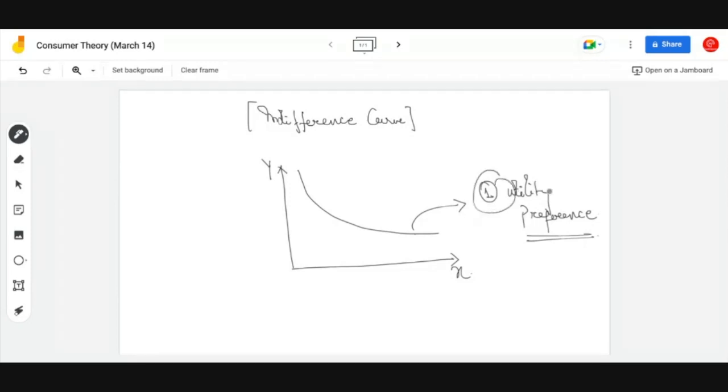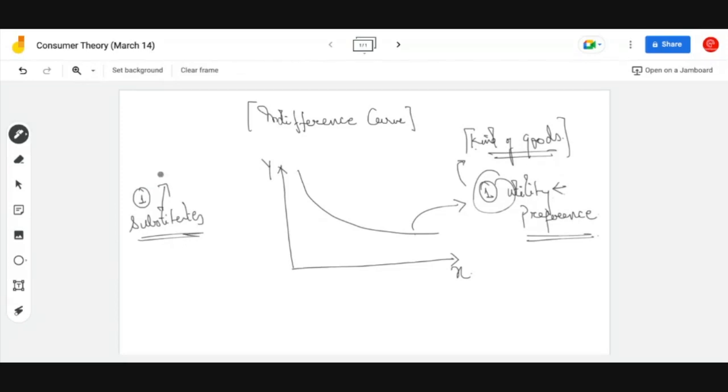Now, how do we know what kind of goods we are consuming? For example, in yesterday's class, we discussed substitutes. For substitutes, what will be the shape of the indifference curve?